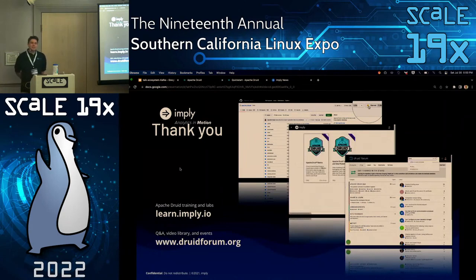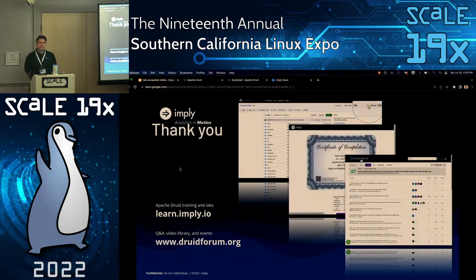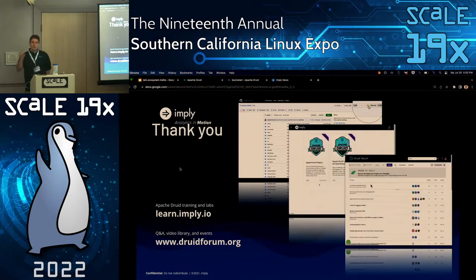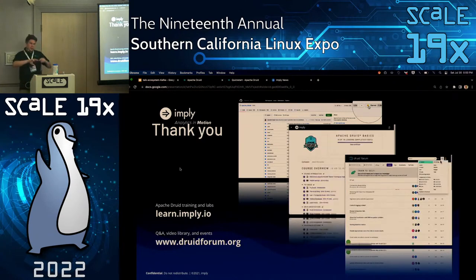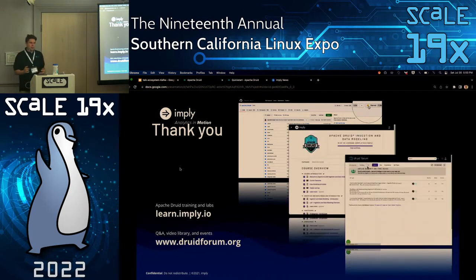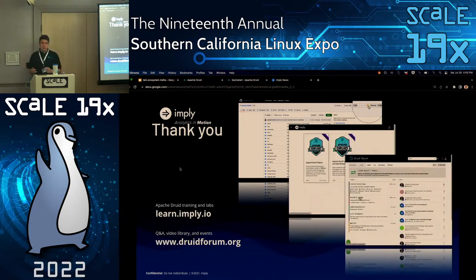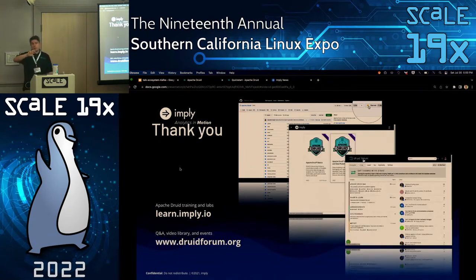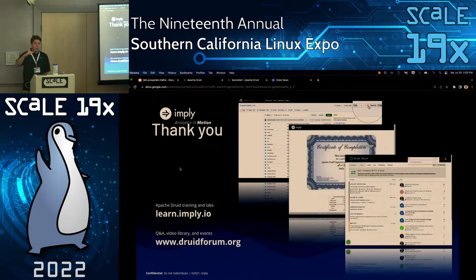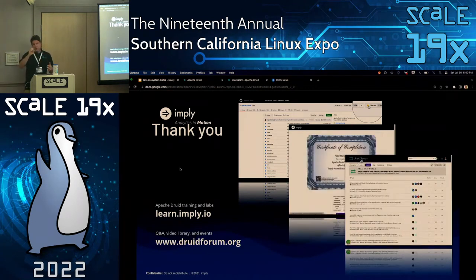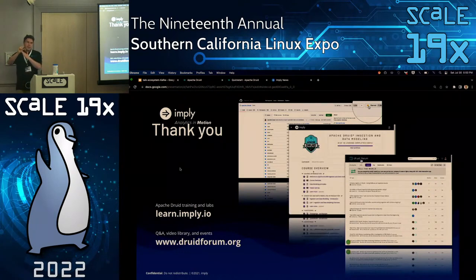So Druid's meant to be for insert-heavy, update-light, correct? Yeah. It depends on what you mean by updating. When a lot of customers mean updating, they usually mean updating an actual row. The way you would do updates in something like Druid or Apache Pinot is you give it the latest record on time, and then when you query, you aggregate per minute, per hour, per second, and the latest value will then be updated.